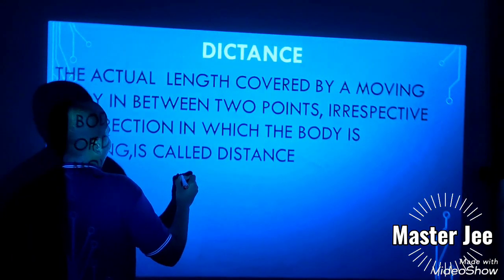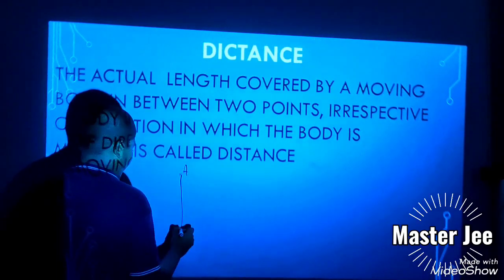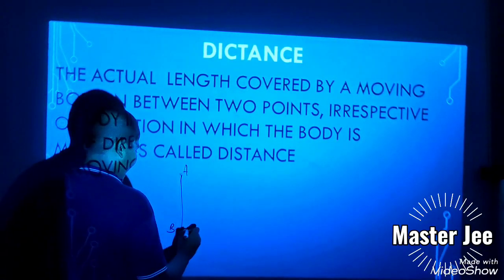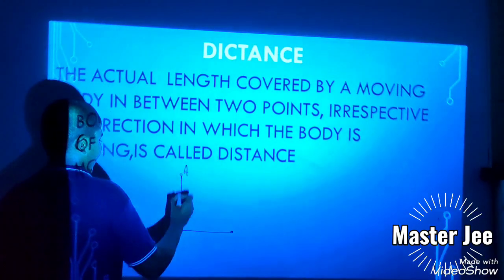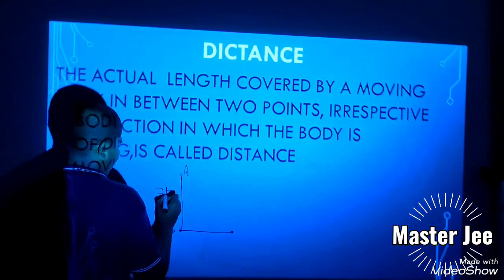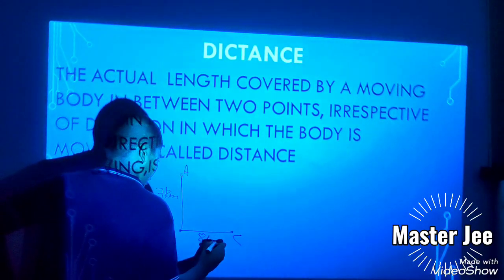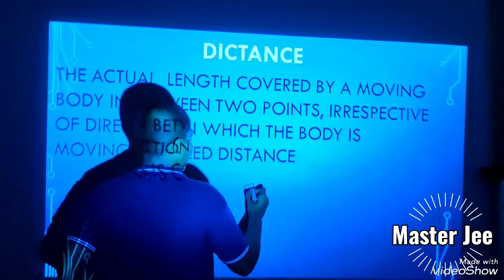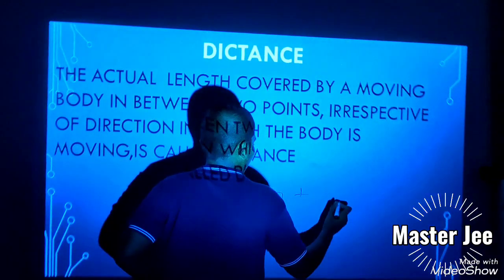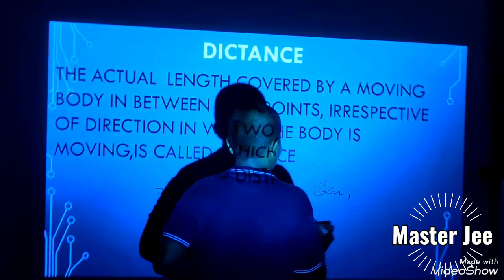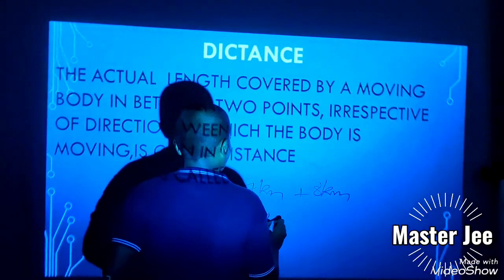So for example, I am moving from point A to point B and again to point C. From point A to B it is 7 km. Point B to C it is 8 km. So the distance which I covered is 7 km plus 8 km, which is equal to 15 km.